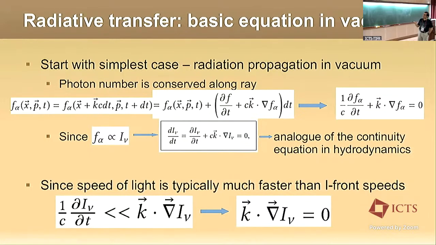So at the original position x, p, and t, you have just the same distribution function. And then at dt, you get the partial derivative with respect to time and the gradient with respect to space. So from the two terms, that's what you get.